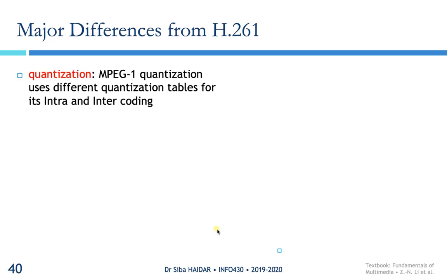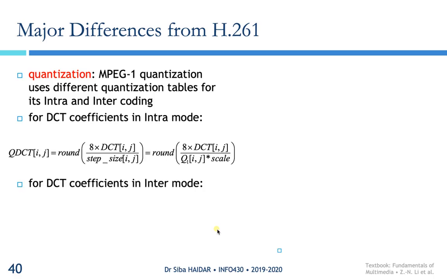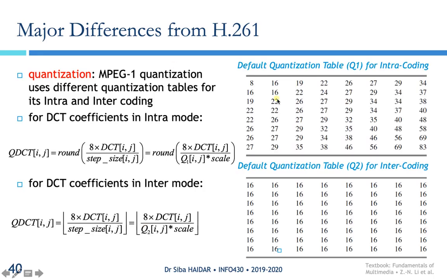Another major difference between MPEG-1 and H.261 is the quantization. MPEG-1 quantization uses different quantization tables for intra and intercoding. So for intracoding, it uses tables such as the following Q1 table, and for intercoding, this is the default one, a constant table.